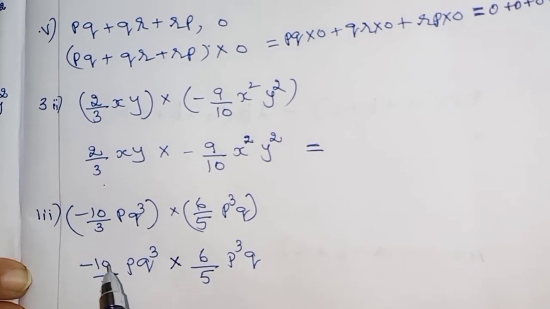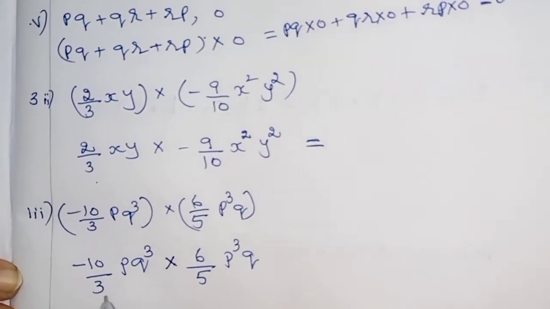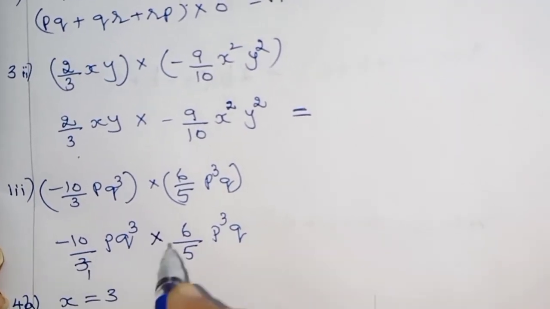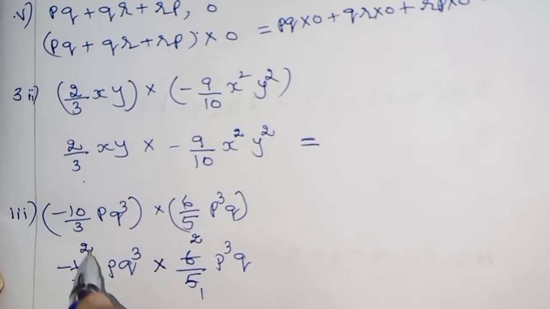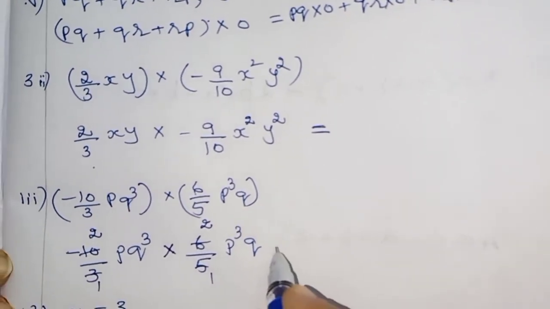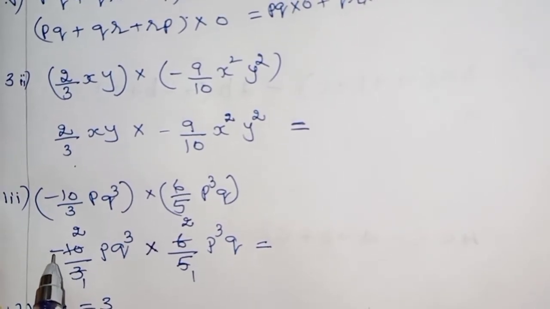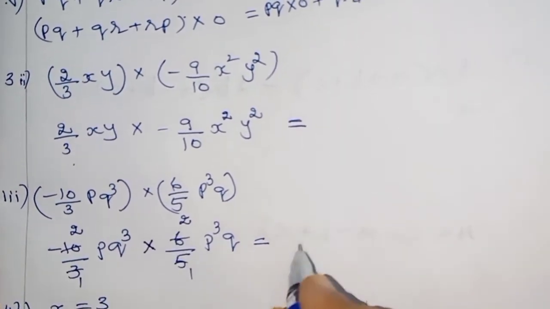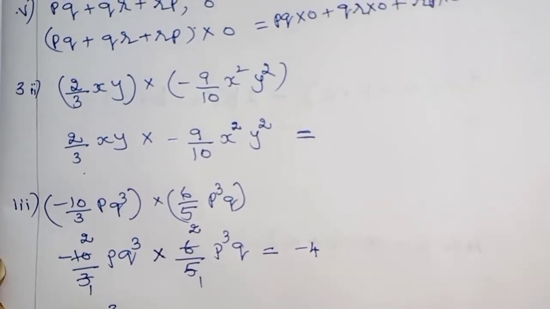So we can cancel one number in the numerator and one number in the denominator. Here I am using the tables: 3 ones, 3 twos, 5 ones, 5 twos. So this is equal to, what is the sign you have? Minus. So minus 2 into 2 is minus 4. 2 twos are 4. Minus into plus is minus.